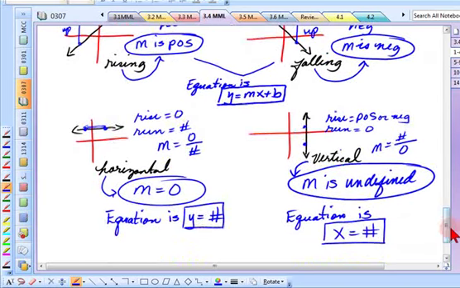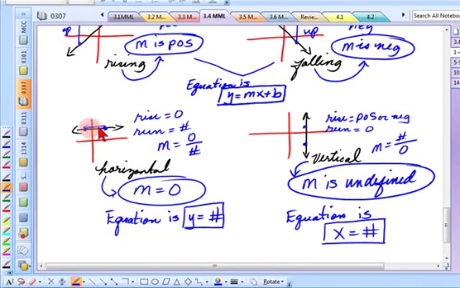Okay, so we have lots of information there. Lots of steps. But it's not going to be that bad. We're going to go through it, we're going to use it, and I can come back to this drawing if I want to. There are lots of relationships that I want you to remember. A vertical line has an undefined slope, and its equation is x equals a number. I want you to tie those facts together in your head.